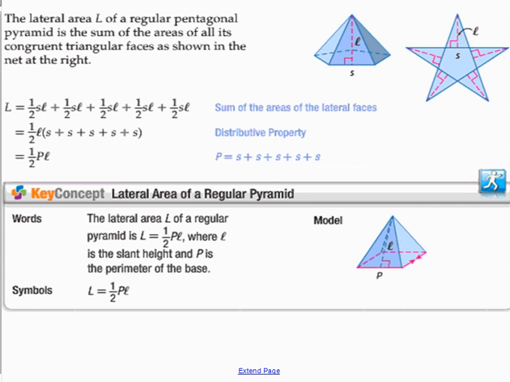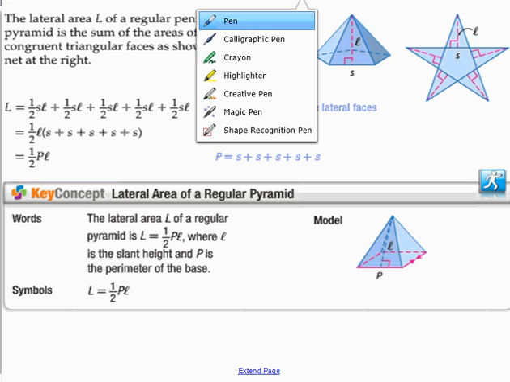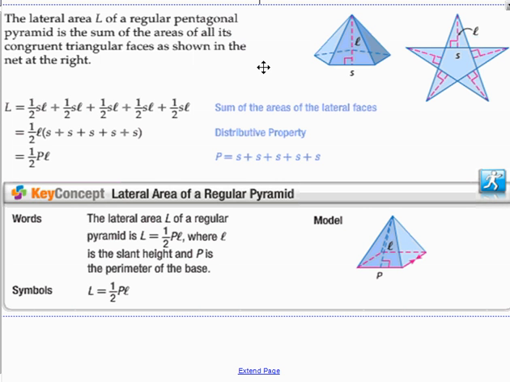So when we have a pyramid, what we are looking at is the lateral area. The lateral area is going to be 1/2 of the perimeter, the distance around here, times the slant height.